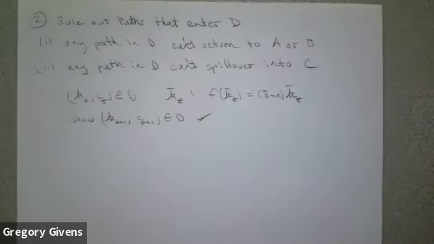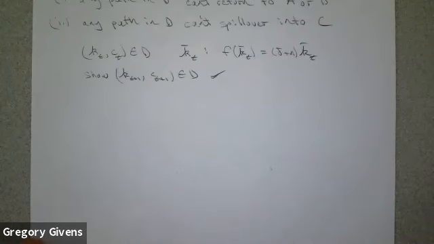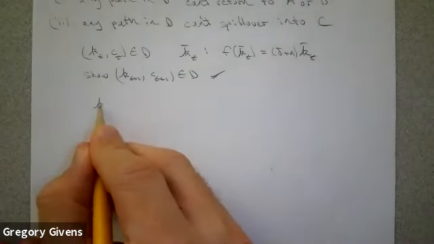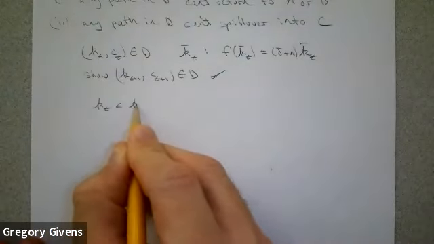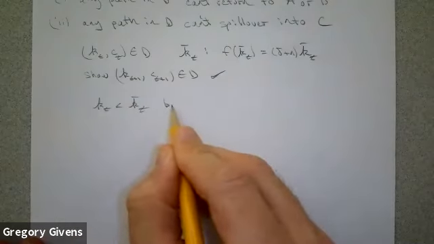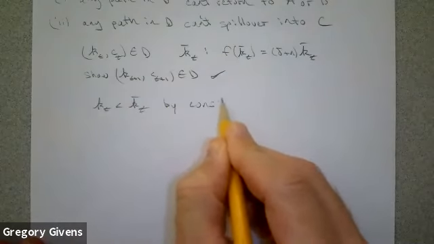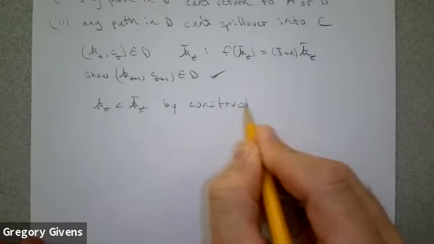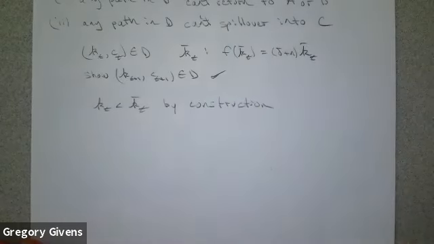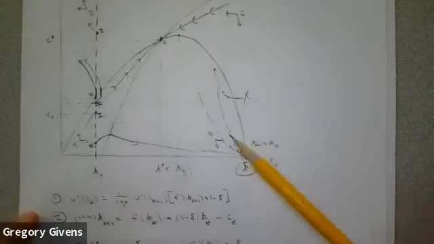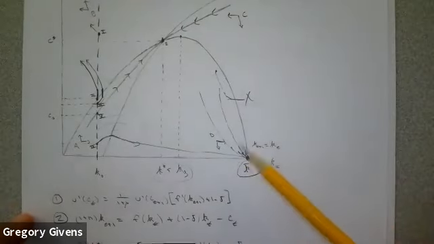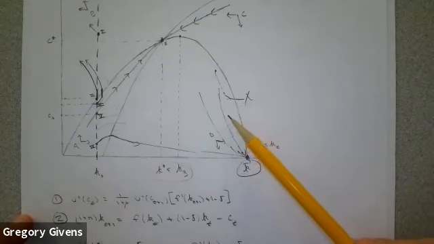All right, let's do that. Well, KT is less than K bar by construction. If I've taken any arbitrary point in KT, CT space that's in region D, KT is going to be less than K bar by construction.